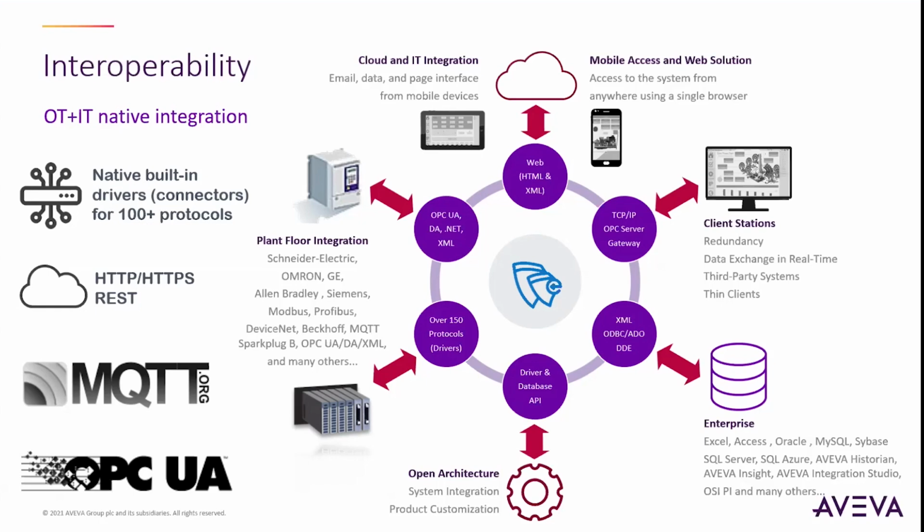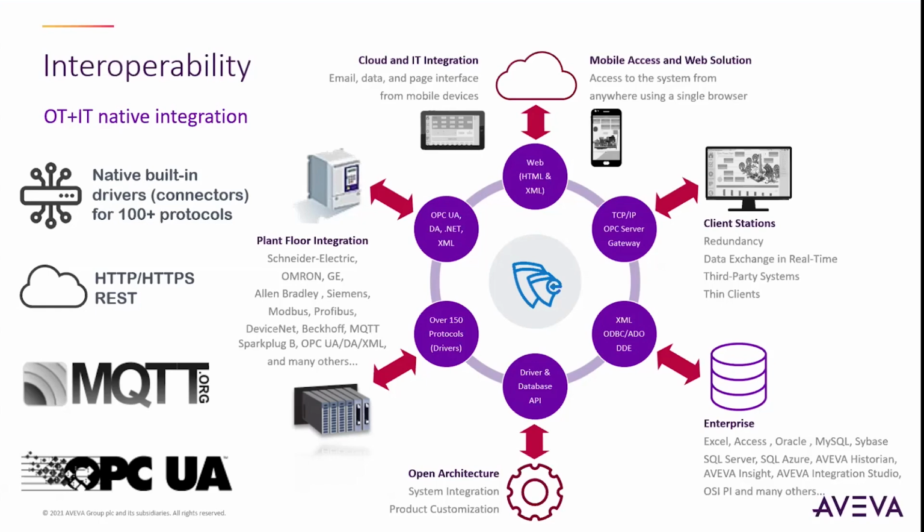If we take a look at the upper left, we can be an OPC client for any server. At the top middle, I talked about that mobility piece, so we can interact through web and mobile. And then at the upper right, we can be a client or we can be a server for anyone's client.